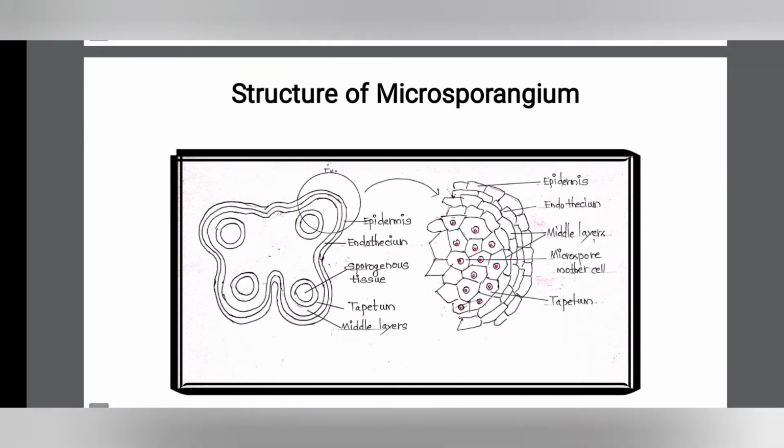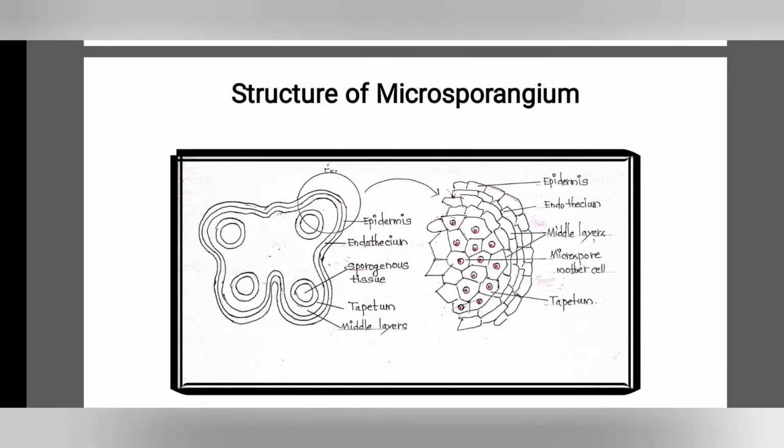Structure of microsporangium. On the left-hand side, a simple representative diagram of a microsporangium is given. In that, the four layers are labeled: epidermis, endothecium, then the middle layers, and the innermost layer called tapetum.